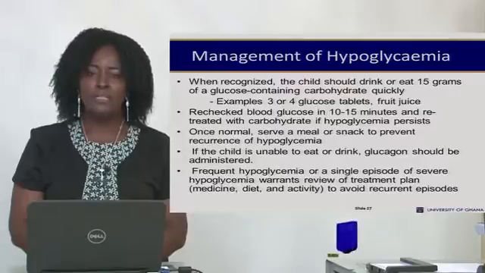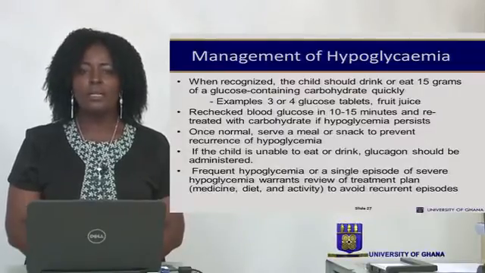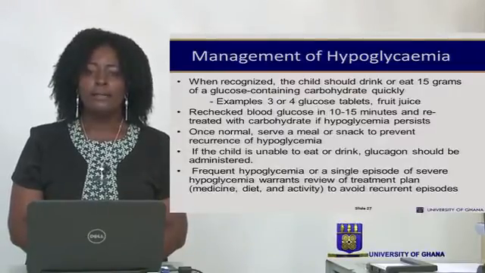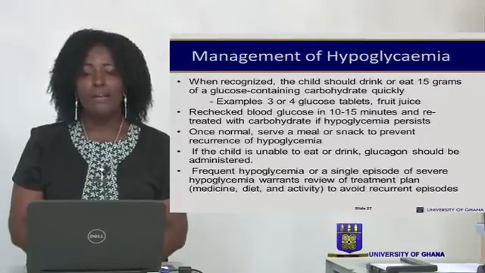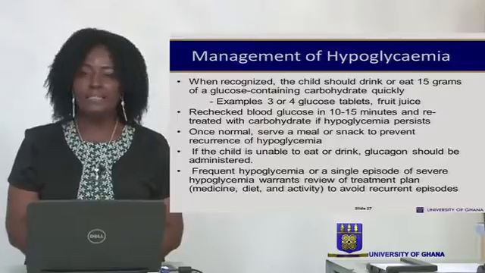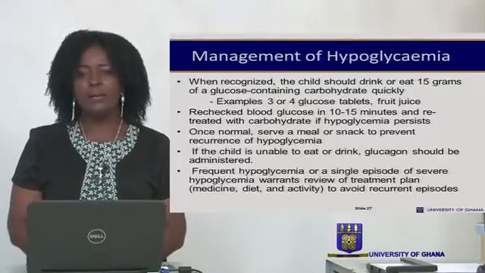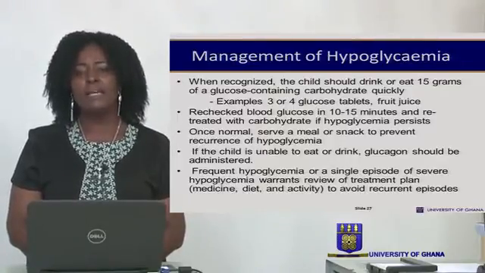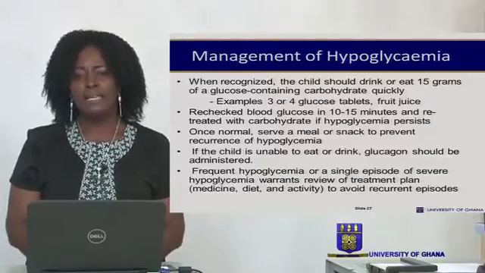Examples of these are fruit juice and Coca-Cola and Fantas, or empty calorie drinks that are contraindicated in diabetics. But in cases where they have hypoglycemia, this may be indicated.